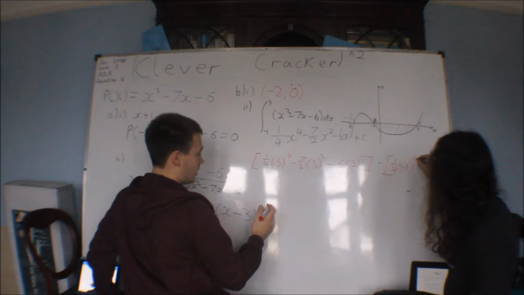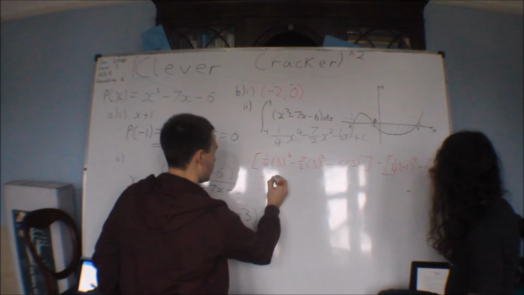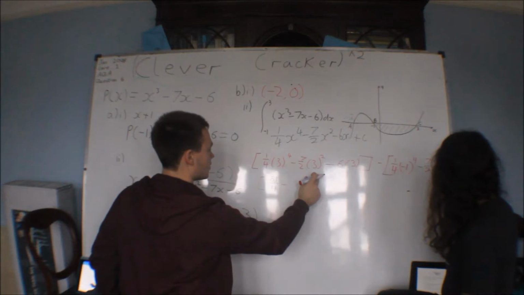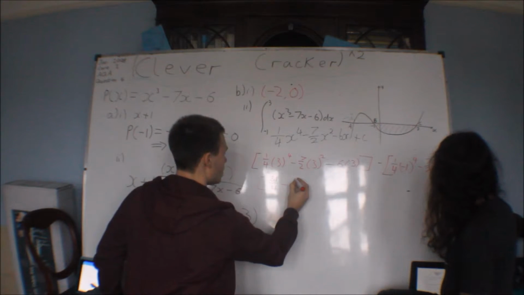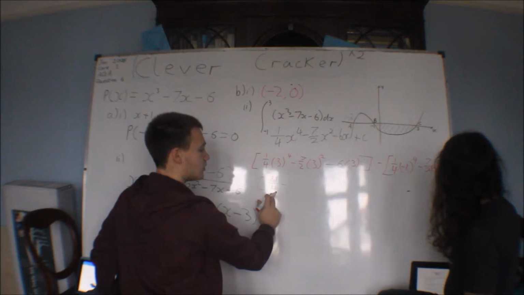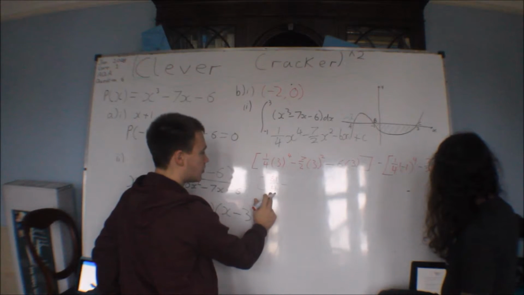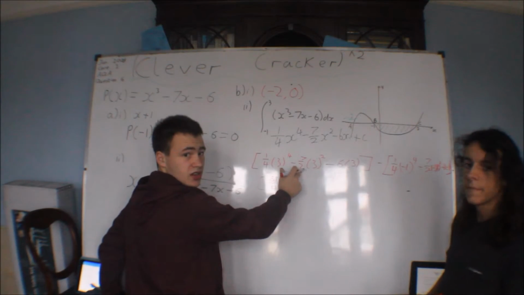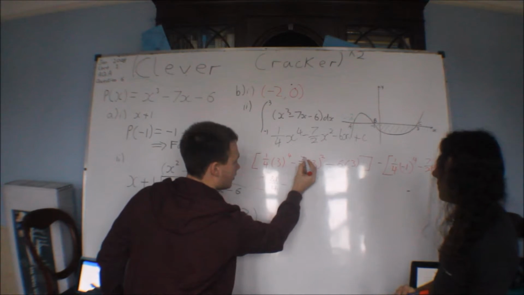3 to the 4 is 81, so that's 81 over 4, minus 3 squared is 9, times 7 is 63 over 2. A quarter minus a half is going to be awkward, so I'm going to convert the halves into quarters, so you just double up both.